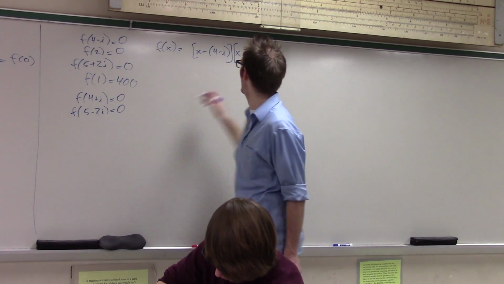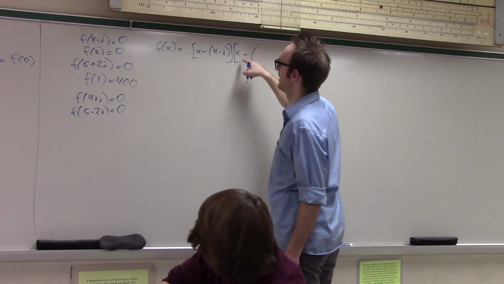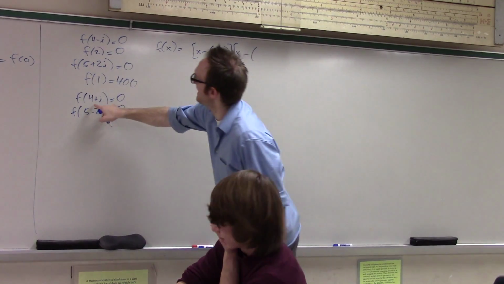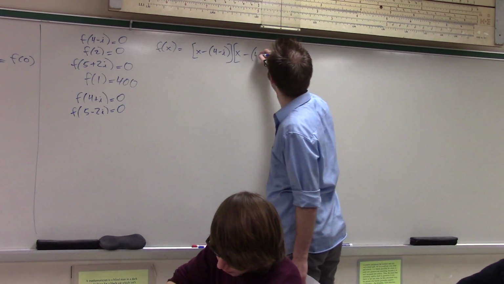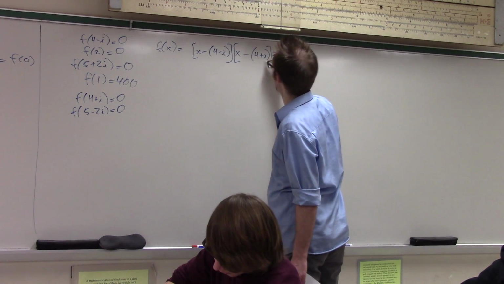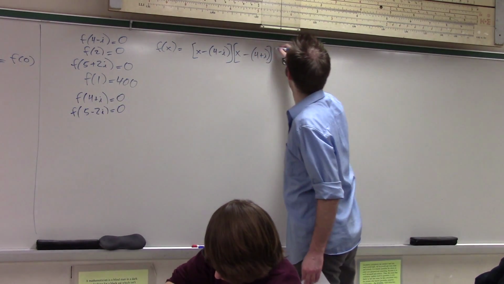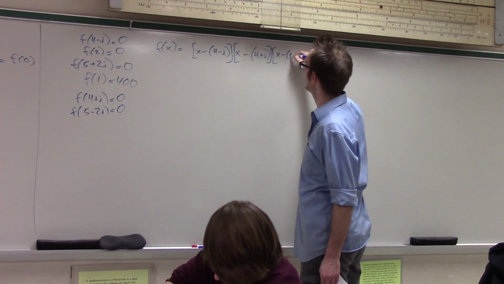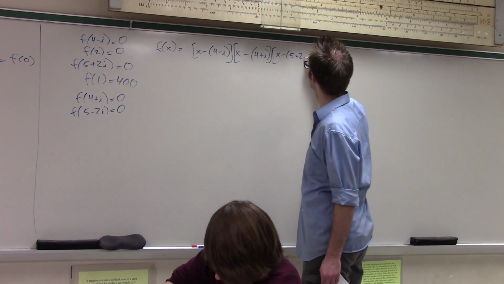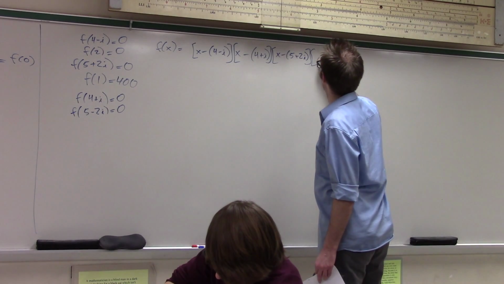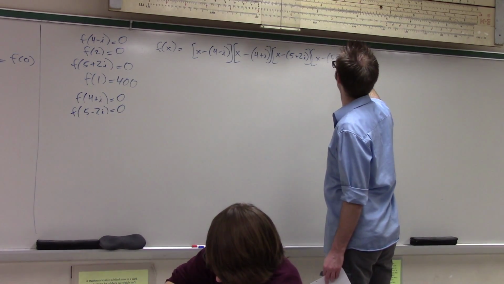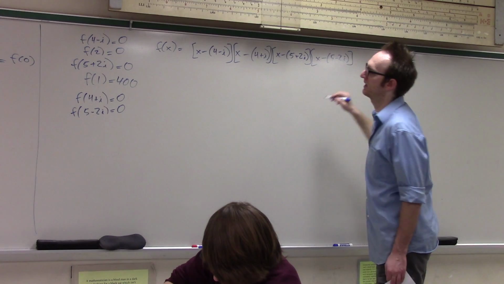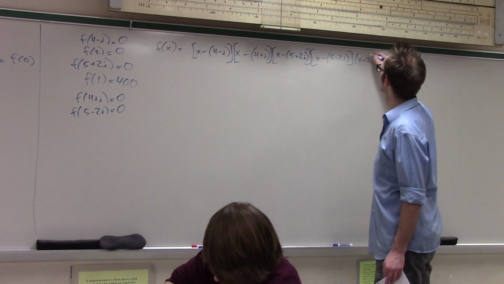If 4 plus i is a root, then x minus 4 plus i is a factor, and just keep going with this, right? If 5 plus 2i is a root, then x minus 5 plus 2i is a factor, and x minus 5 minus 2i. And then finally, 2 is a root, so x minus 2 is a factor.